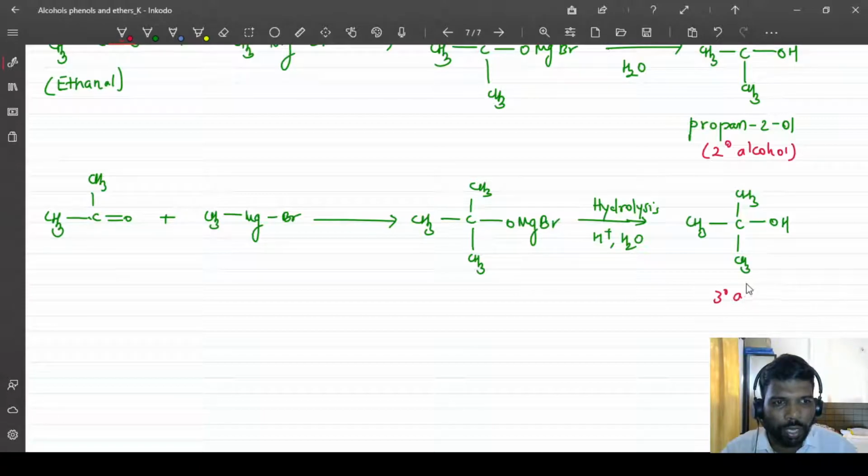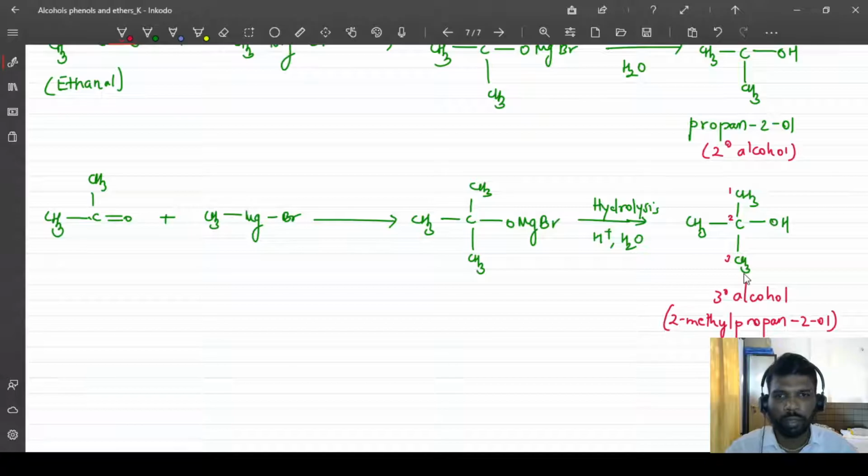The name, if I start naming from here, this is the longest chain, 1, 2, and 3. Then the name will be 2-methylpropan-2-ol.